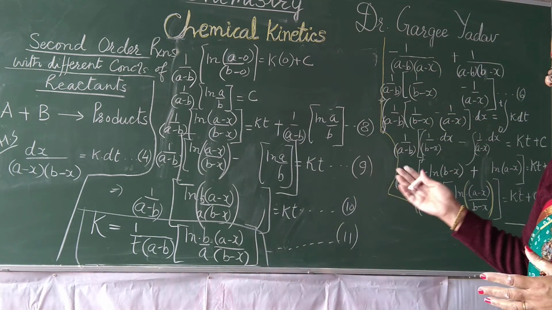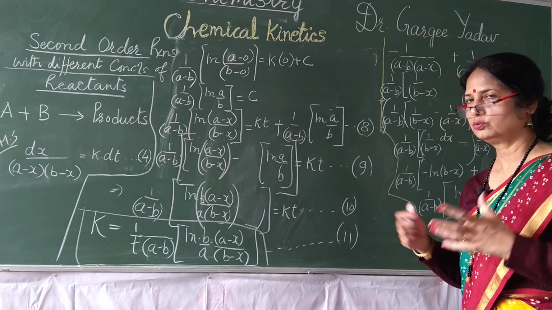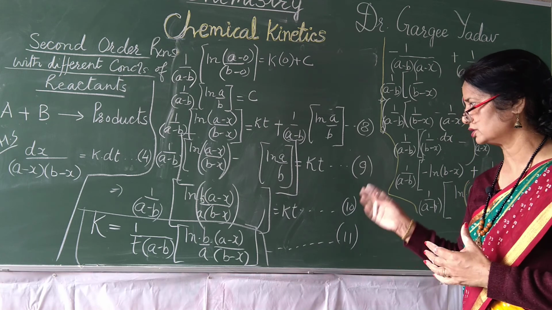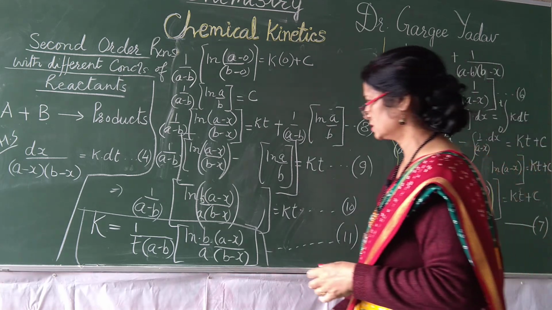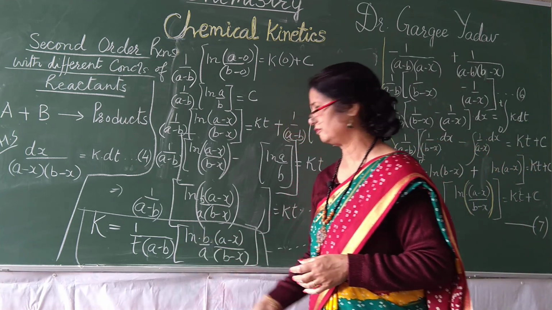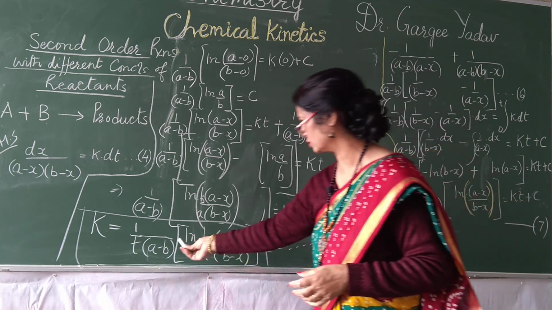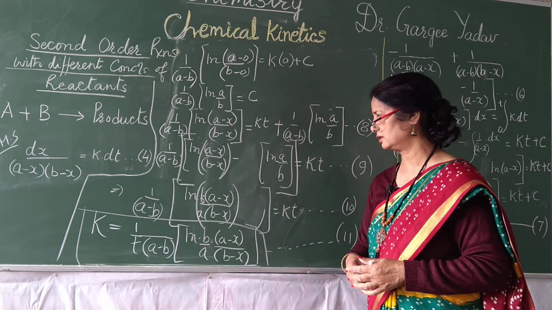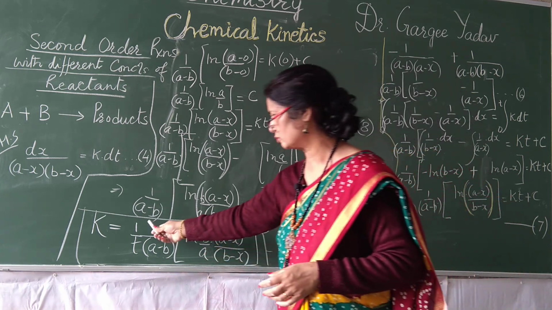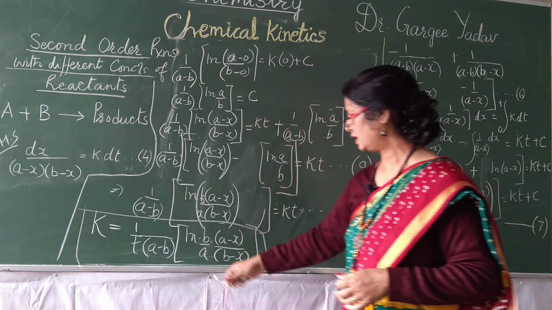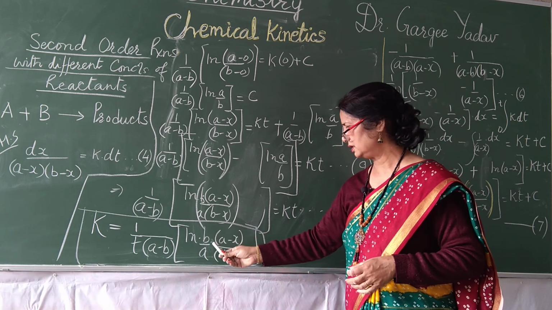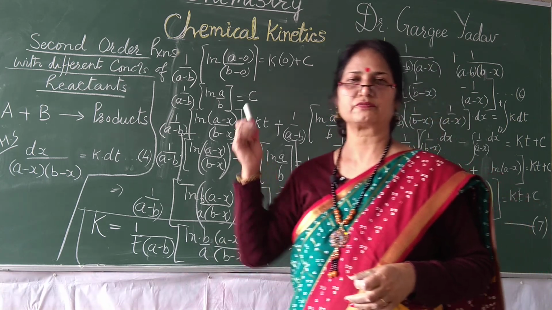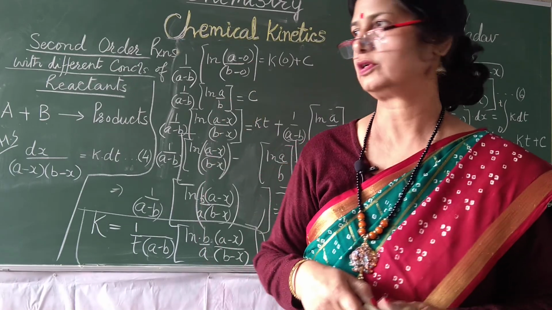Suppose the concentration of A is very large compared to the concentration of B, then B will be very small compared to A. We can ignore this B, and moreover, we can ignore this X also. Then in that case the equation will turn out to be 1 upon t a ln b upon a into (b minus x), and that is the equation for the first order reaction which we have studied.